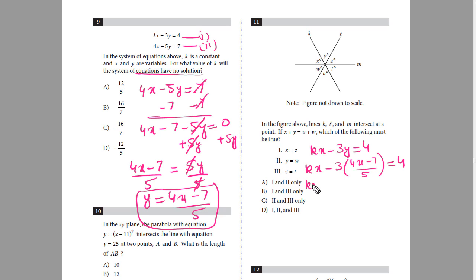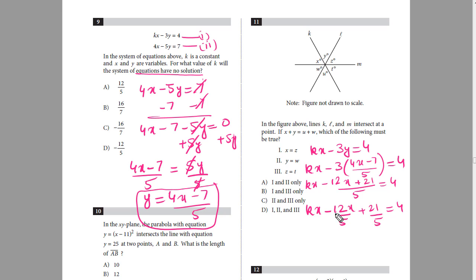Now kx minus 12x plus 21, all divided by 5, is equal to 4. So I can write it as kx minus 12x over 5 plus 21 over 5 is equal to 4.